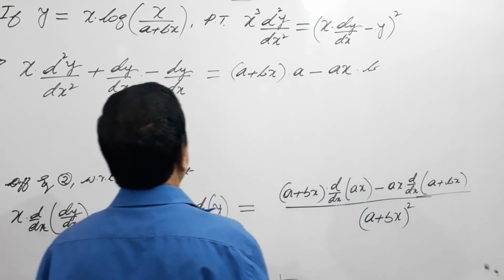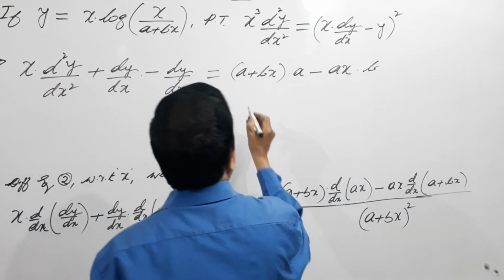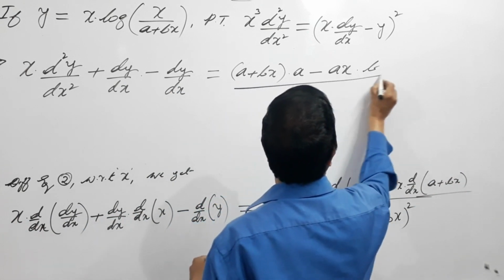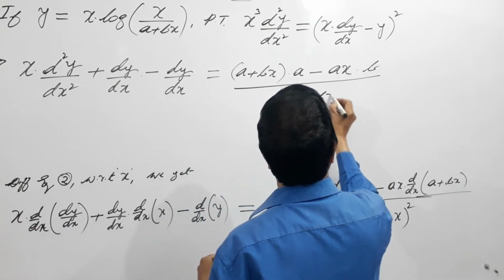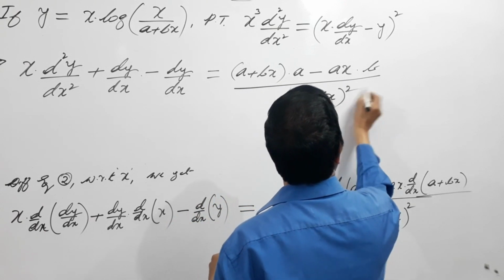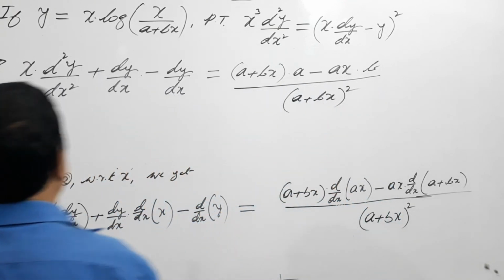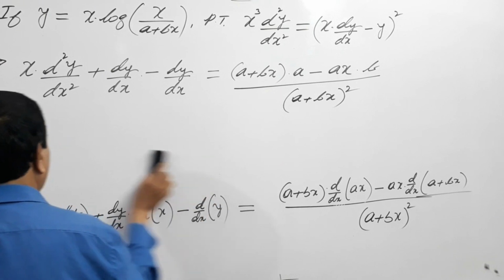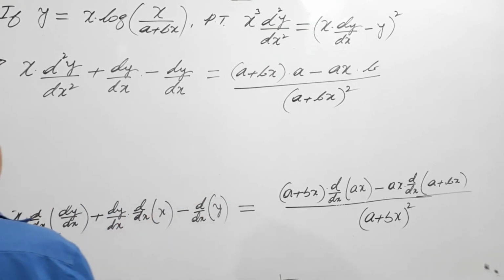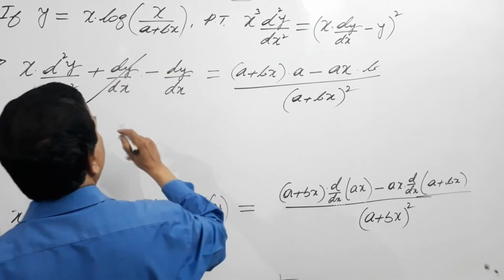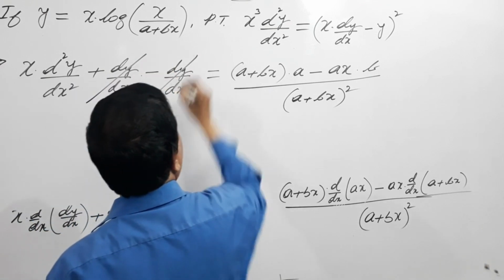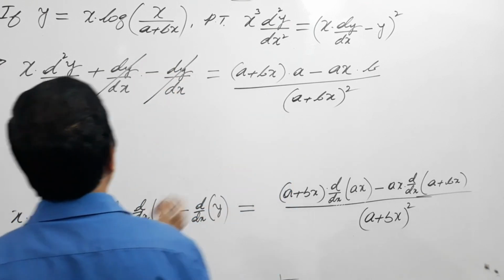So divided by, what is that? A plus bx the whole square. We have here plus dy by dx cancels, minus dy by dx cancels. So we will simplify that.